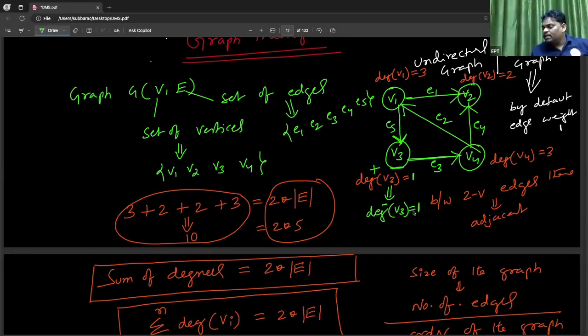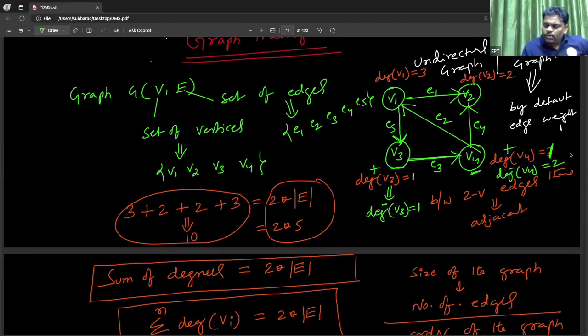Please remember, if it is a directed graph, some edges are coming inside and some are going outside. What about V4? V4 in-degree: how many are coming inside? 1. What about degree minus of V4? How many are going outside? 2.